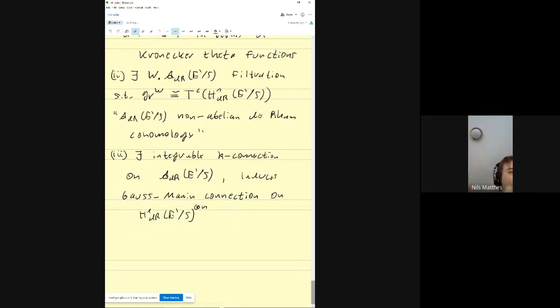So again, if you want, you can think of it as a kind of non-abelian Gauss-Manin connection. So it's a generalization of this to this more general setting.